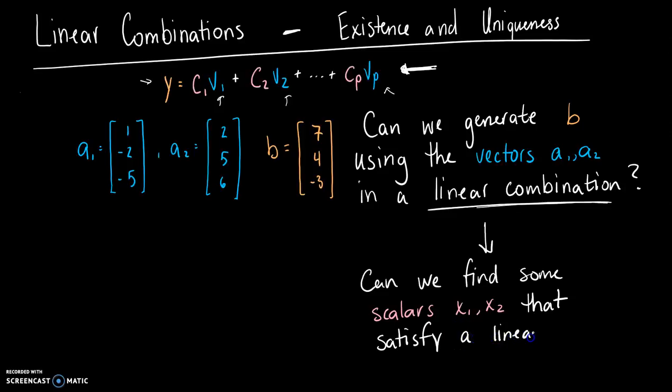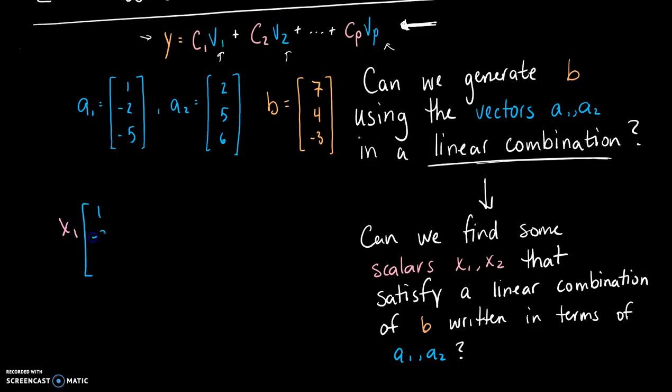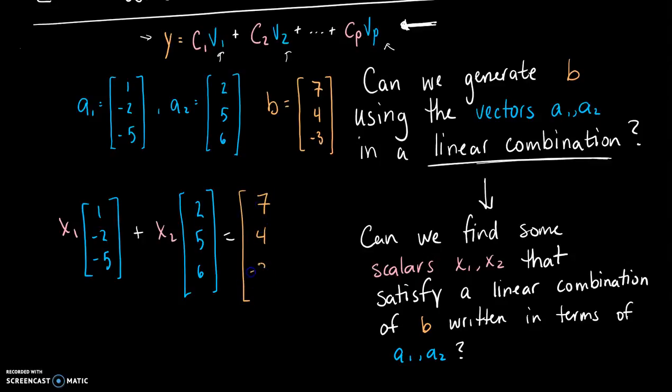In other words, we're looking for something that looks a little bit like this: x1 times 1, -2, -5, plus x2 times 2, 5, 6, equals 7, 4, negative 3.